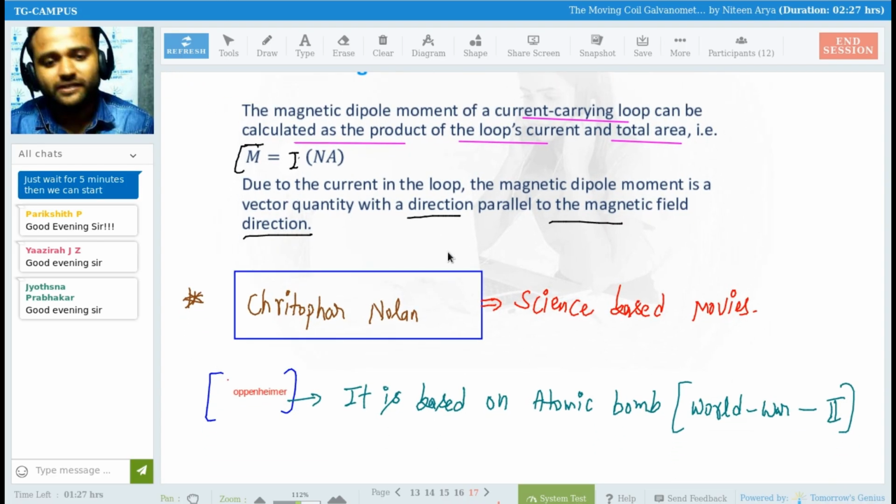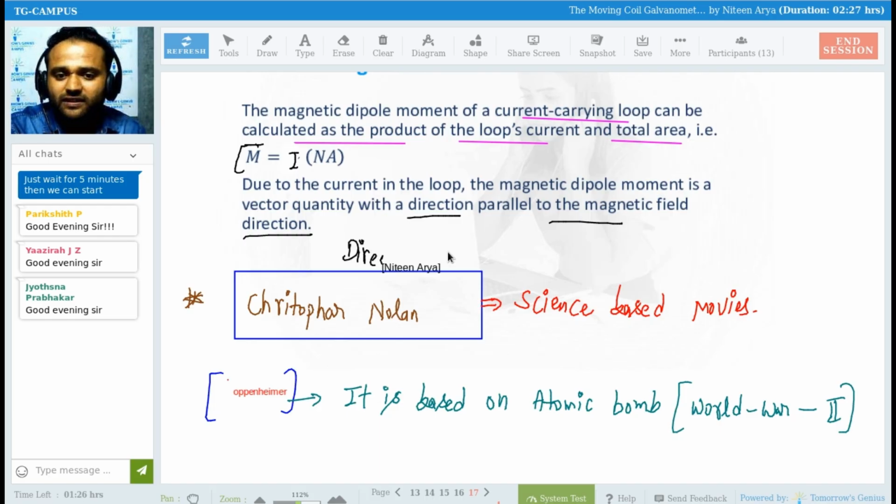You can watch the trailer in the break also. If you like it, watch it. Why should I say to watch it? Because once you watch these kinds of science-based movies, you know the importance of science, specifically physics, in greater detail. And this is the name of that director, Christopher Nolan, who makes really good science-based movies.